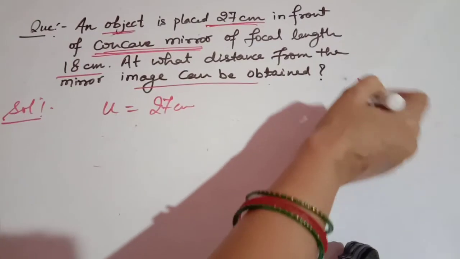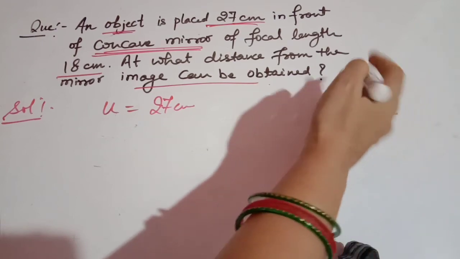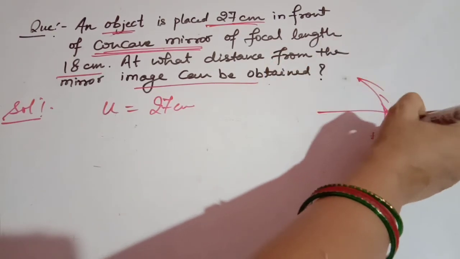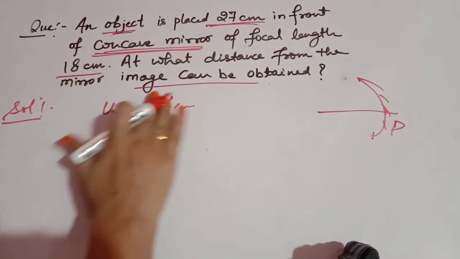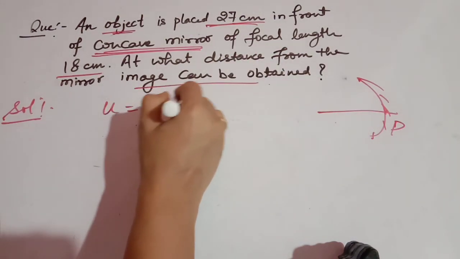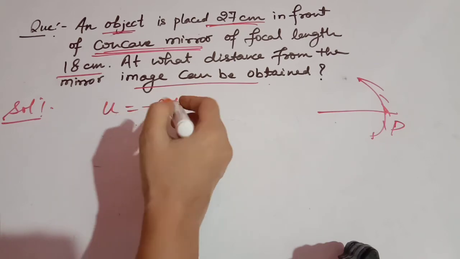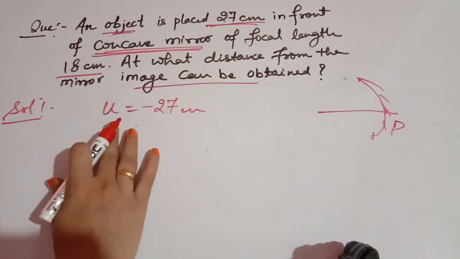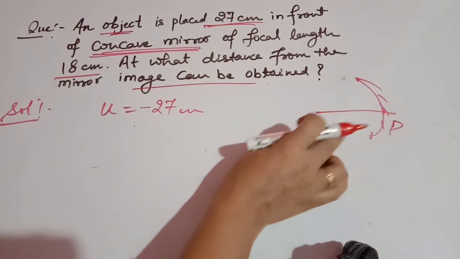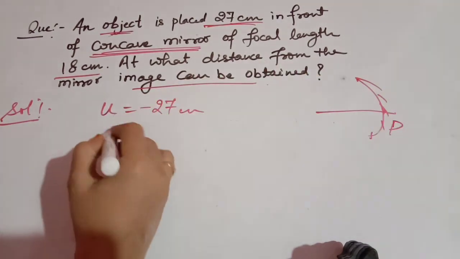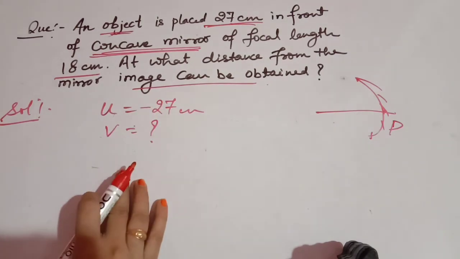Obviously the object is placed on the left side from the pole, so the sign will be negative. So U is minus 27, because the object is towards the left side of the pole. We have to find V, so put a question mark for V.